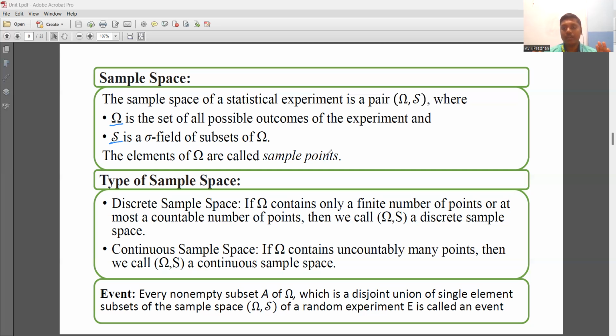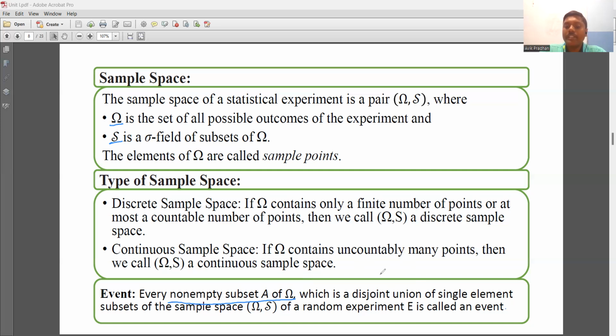Now, once we know what a sample space is, we are in a position to define an event. An event is a non-empty subset of the set of all possible outcomes omega. So you can see that an event is a non-empty subset of omega, which is a disjoint union of single-element subsets of the sample space (omega, script S) of a random experiment E. Okay.